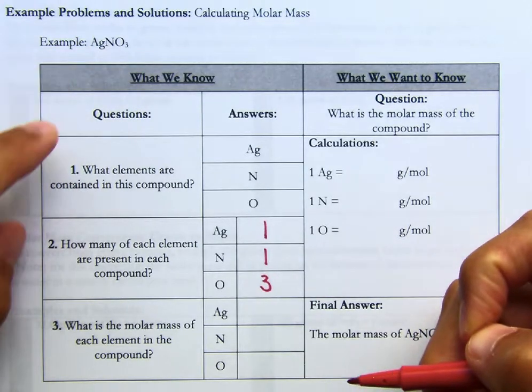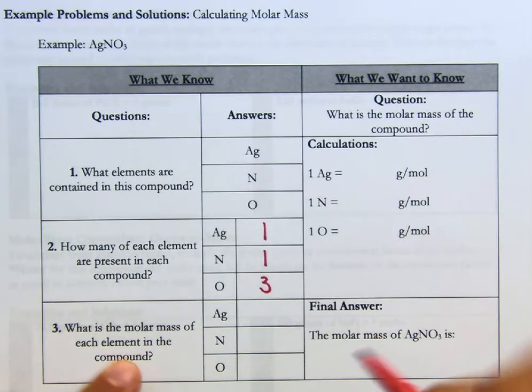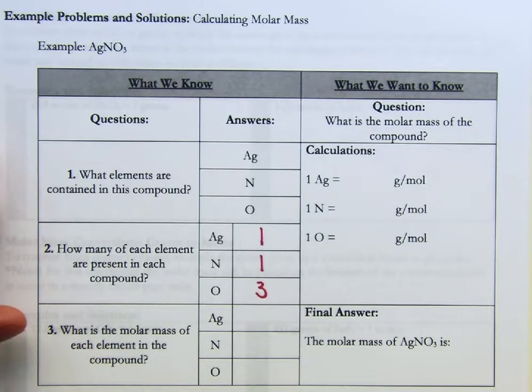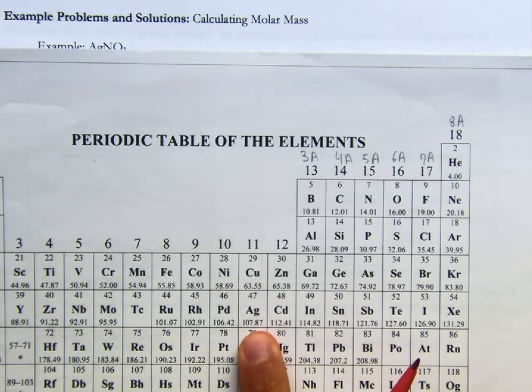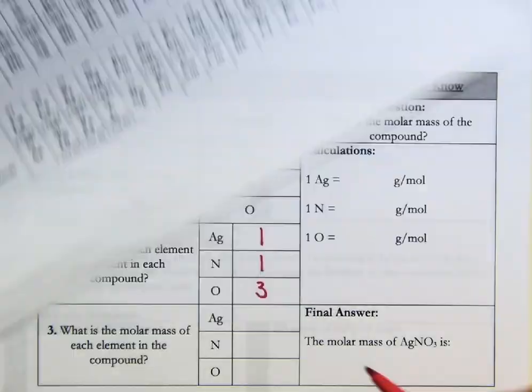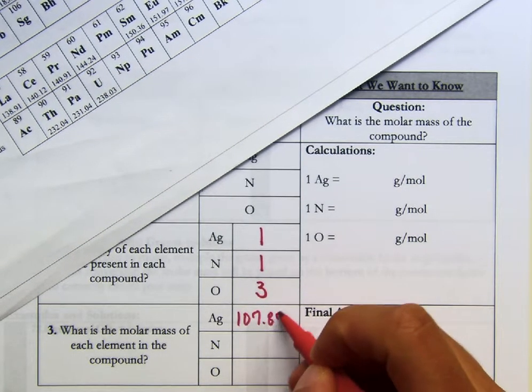The next question is, what's the molar mass of each element in the compound? So all we have to do to find that is just look on the periodic table and write down the average atomic mass for each, but it will be in grams. So Ag is number 47, is right here, 107.87. So I'm going to write 107.87.